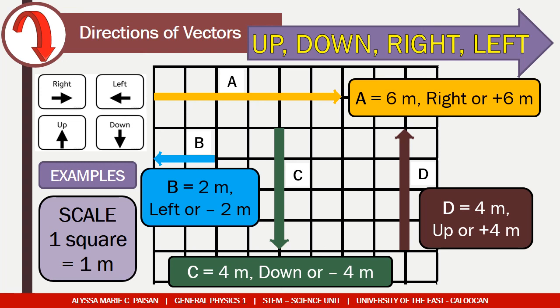But it does not mean that if the problem uses north, you can use in your final answer the direction that is up. Okay? So if the problem uses up, down, right, left, one of those should be the direction of your final answer.